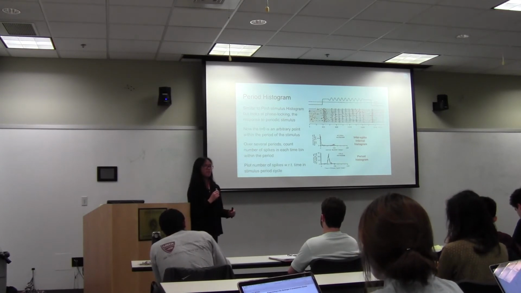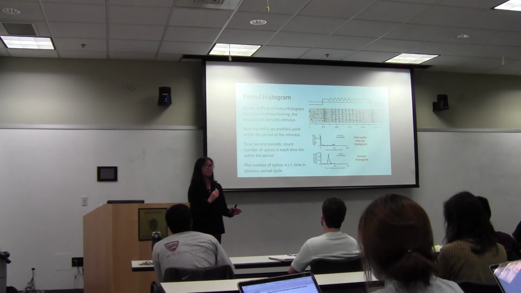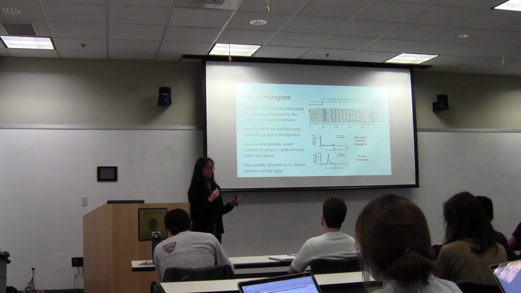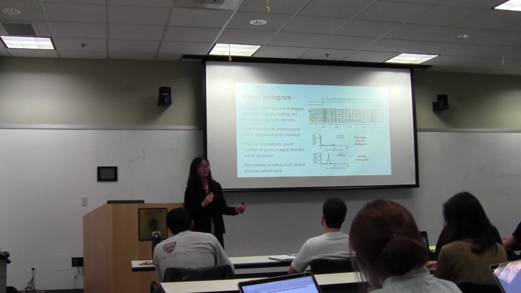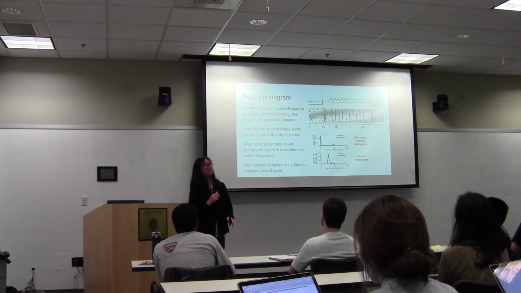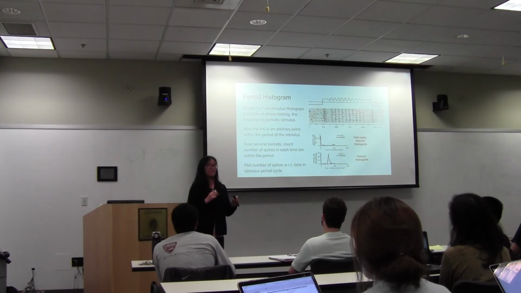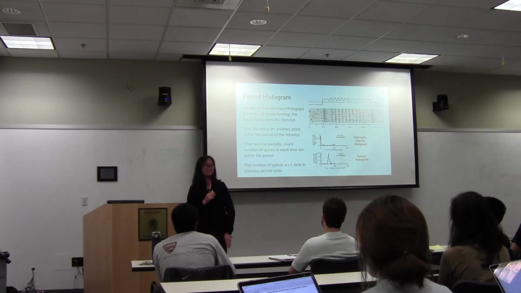So your stimulus here is periodic. So you choose arbitrarily a point within that period, and then you take several periods and count up your spikes in terms of bins after that arbitrary point you chose.